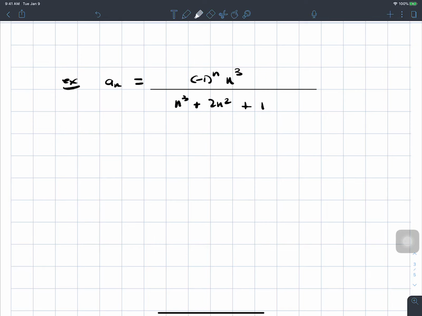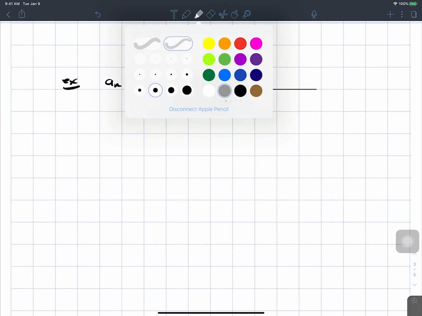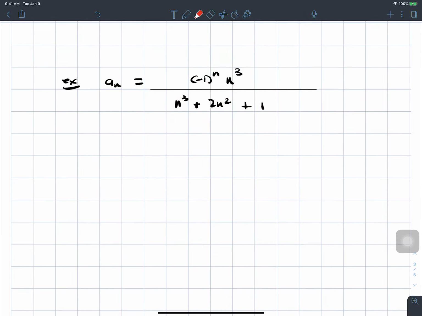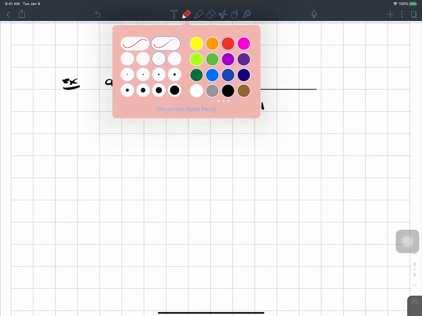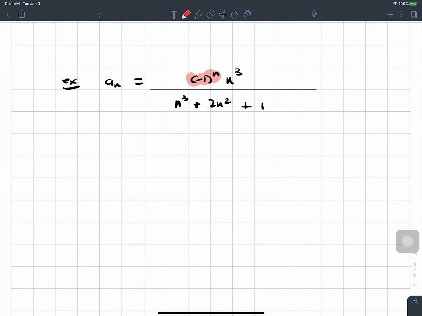Now, here's what I want you guys to focus on, and I'm going to put this in red here. What you see here is what I've always described as the alternating mechanism. This is what we've seen in our notes.